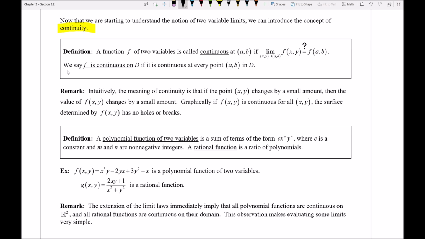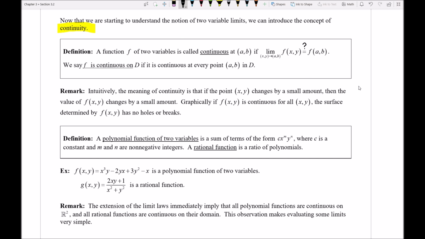We say that f is continuous on D, some collection of points, if it's continuous for every point within that set D. So intuitively, the meaning of continuity is that if the point x, y was to change a small amount, then the value of f of x, y, the z-coordinate, would also have to change a small amount.